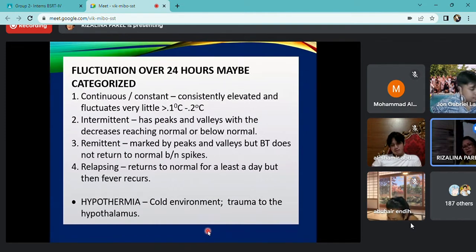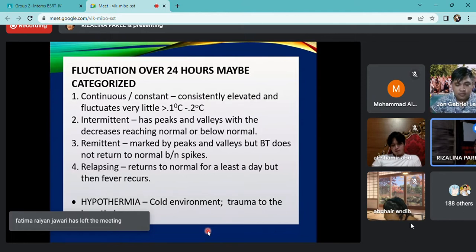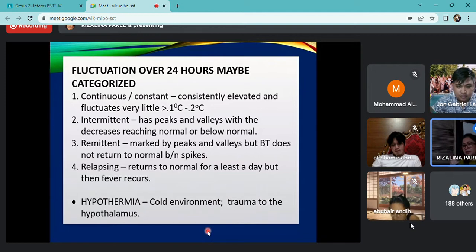Hypothermia, cold environment, trauma to the hypothalamus. So we are assessing this one kung ang pasyente natin is under ventilatory support. Kapag under ventilatory support yung patient natin at hypothermic siya, then we need to increase the humidifier temperature setting. Dapat mataas yan sa 37 degrees centigrade. Why? Dahil nga yung pasyente mo ay nalalamig na, yung incoming air papunta sa kanya, kapag malamig pa, lalo nang magkakaroon ng problema yung pasyente mo.